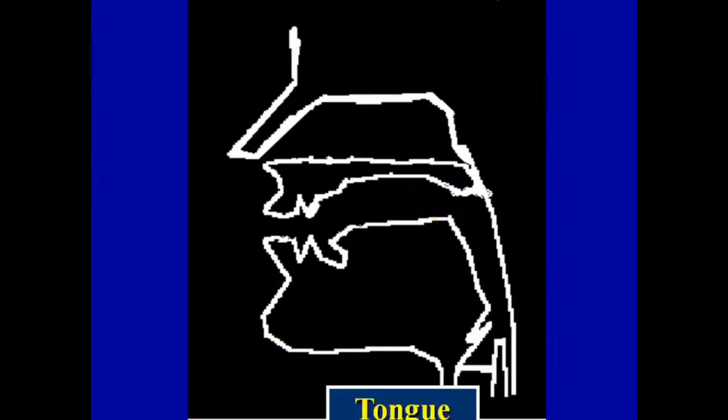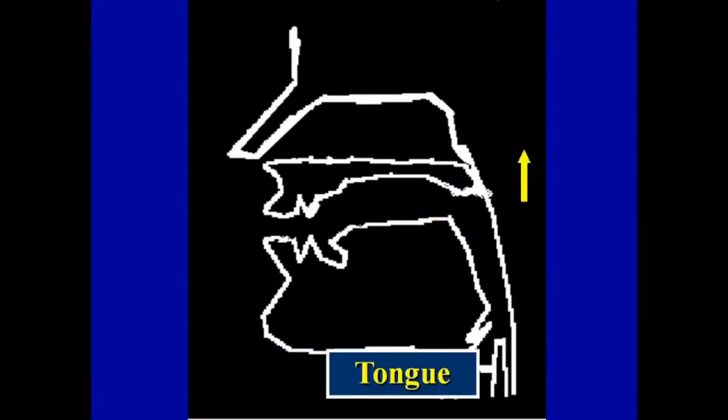Okay. Now the tongue. The tongue, of course, from a biological point of view, is just one unit, but for the sake of the production and description of speech sounds, it should be divided into different parts. Of course we can talk about different parts.